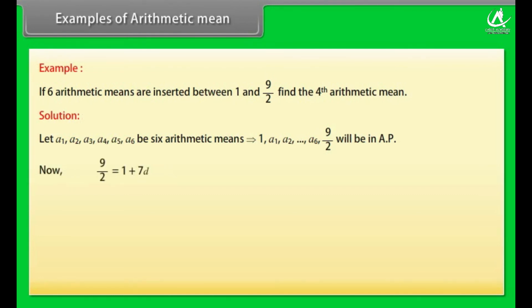Now 9 by 2 is equal to 1 plus 7d. It implies 7 by 2 is equal to 7d. It implies d is equal to 1 by 2. Hence, a4 is equal to 1 plus 4 into 1 by 2, which is equal to 3.